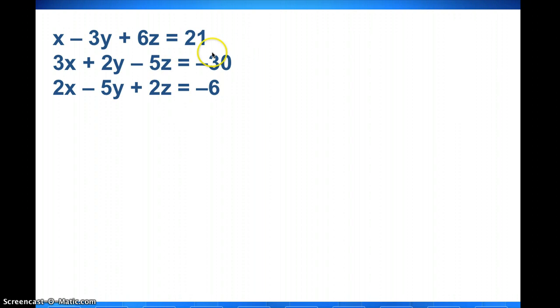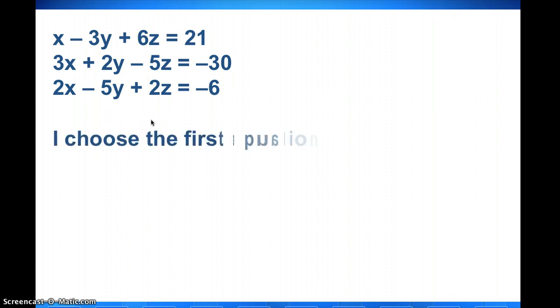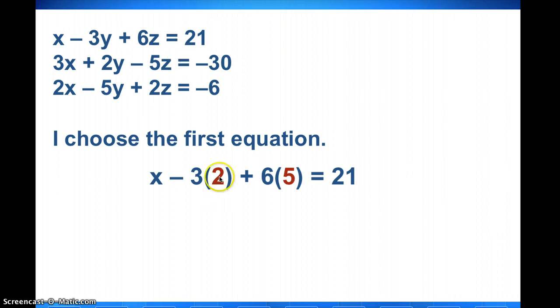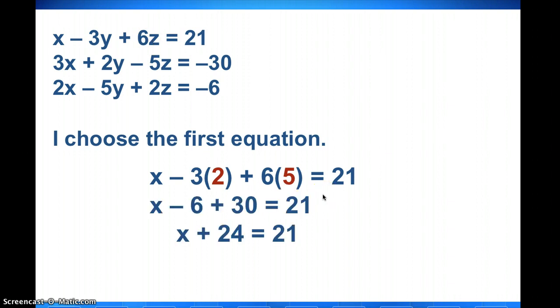Okay, we're back to the three original ones. Just choose one from here and substitute the y and the z by the values we just solved. I'm choosing the first equation. I put the value of y, 2, over here, and then 5 for z there. Then solve it, and x is equal to -3.